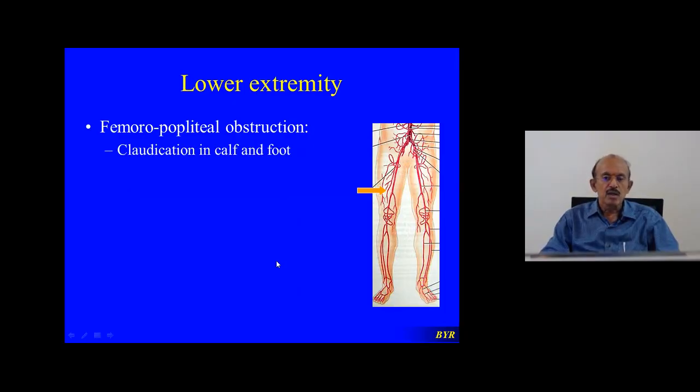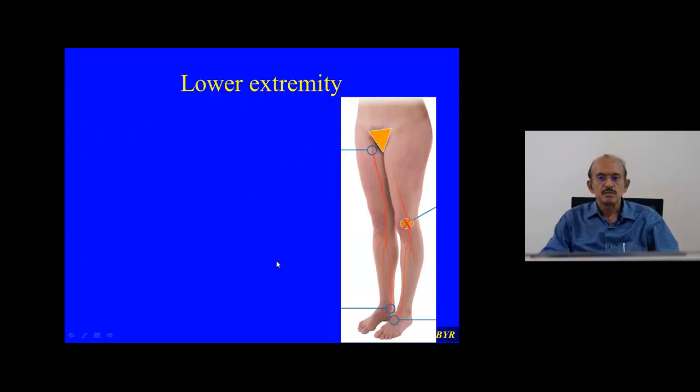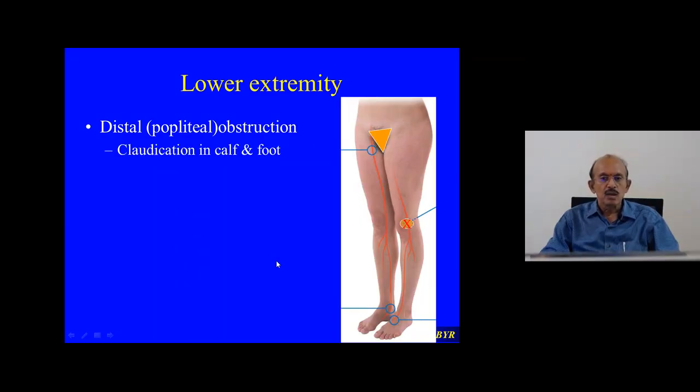Femoropopliteal obstruction: claudication in the calf and foot, absent unilateral popliteal and distal pulses. Distal popliteal obstruction: claudication in the calf and foot, absent unilateral ankle pulses.